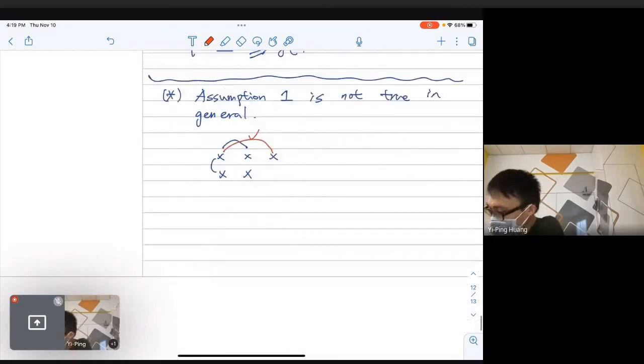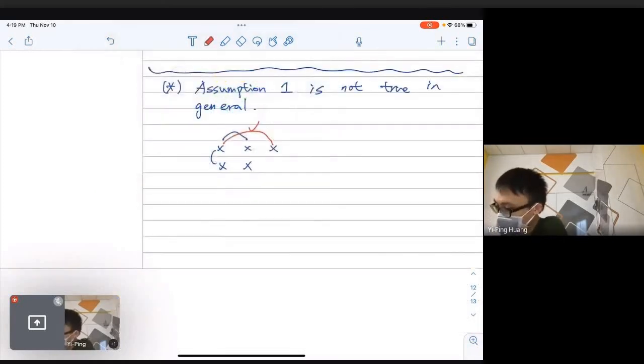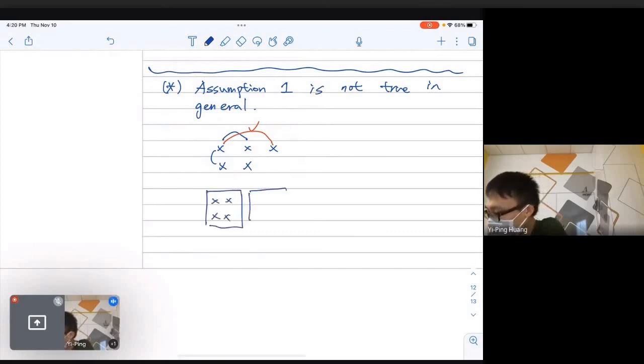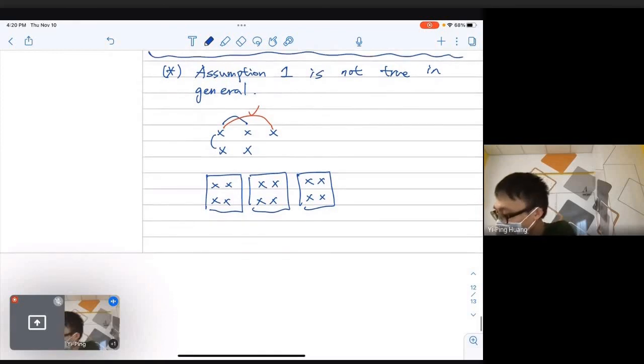So what is going to happen is that if you insist that the block spin transformation should give you the same Hamiltonian, you get a quite unreasonable assumption, because before you do the block spin transformation, this spin can couple to this one and to this one. But these two spins are basically the nearest neighbors for this block spin. So it doesn't make sense if you require the form to be the same.